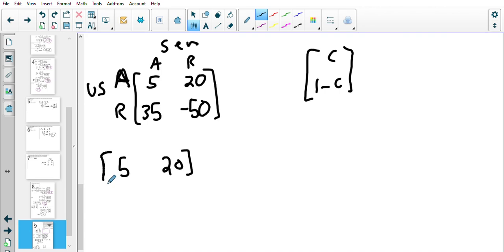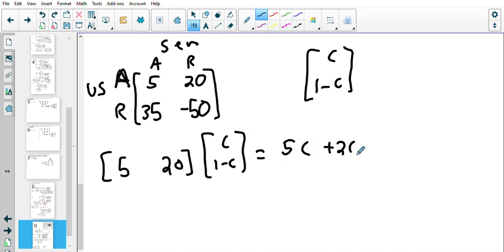5 and 20 against C, 1 minus C. That gives us 5C plus 20 minus 20C, or negative 15C plus 20.